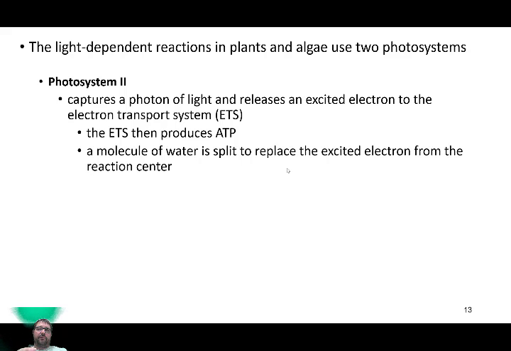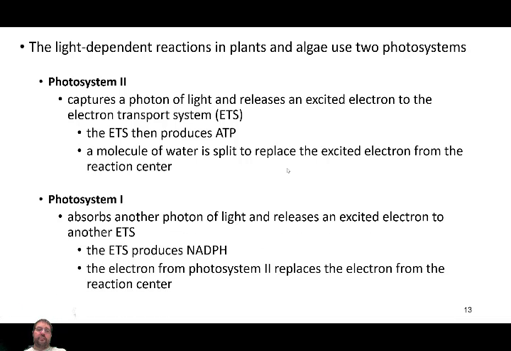We'll come back to ATP synthase in a little bit. The electron that left the reaction center is replaced by enzymatic splitting of water, splitting water using an enzyme, using another protein. We'll come back and talk about this also, because this is an exciting piece of photosynthesis that engineers are starting to pick up and run with.